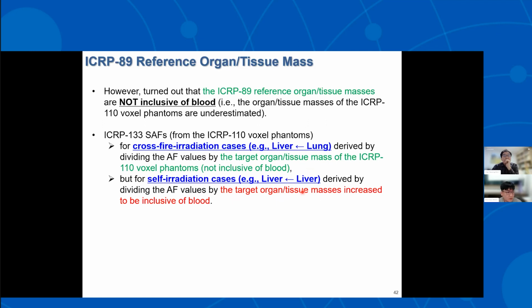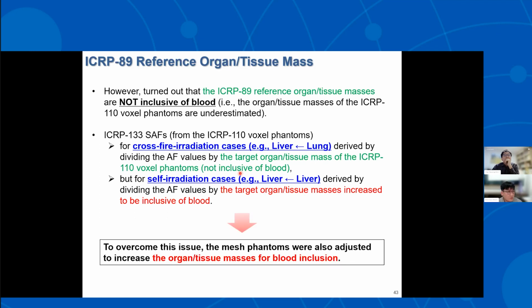So as a result, two different types of the organ mass, depending on the irradiation type, were inconsistently used in the internal dose calculations. This makes the calculation process rather complicated. To overcome this issue, we decided that the mesh phantoms were finally adjusted to increase the organ tissue mass for blood inclusion.